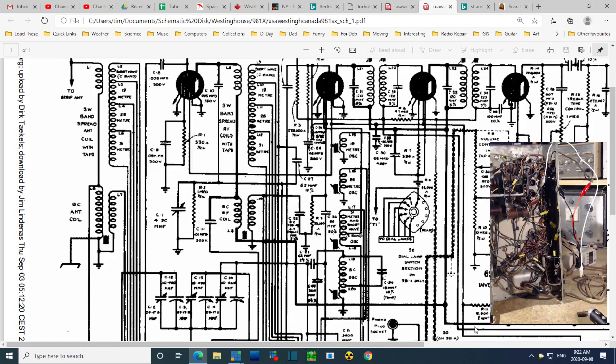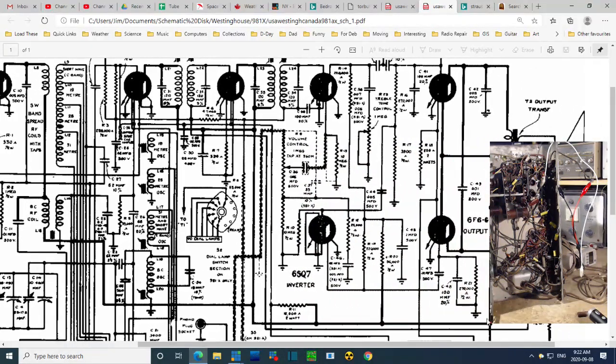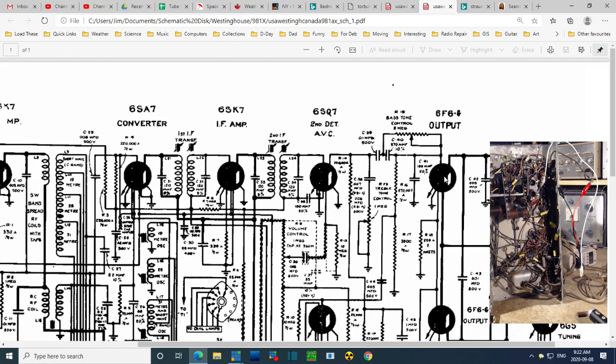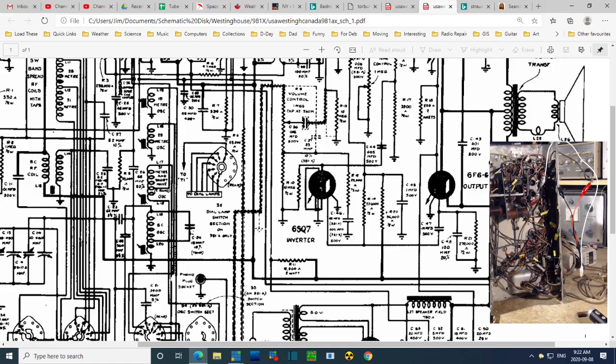Okay, so assuming, well, what goes out this way? Oh my gosh, this just goes on forever. Oh, it's the B plus line. That makes sense, doesn't it? Well, the capacitor is connected right at the transformer here.